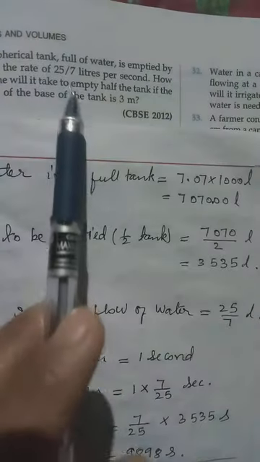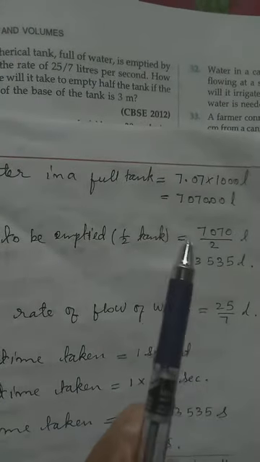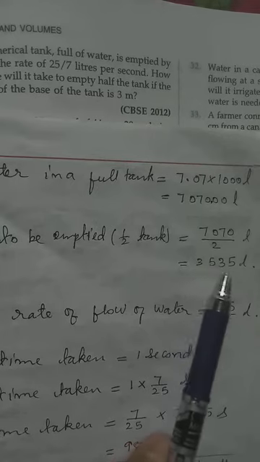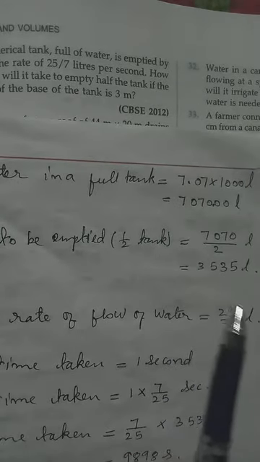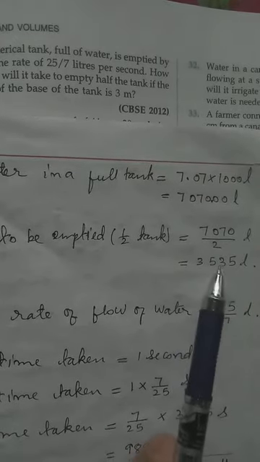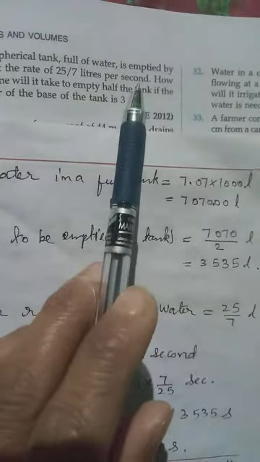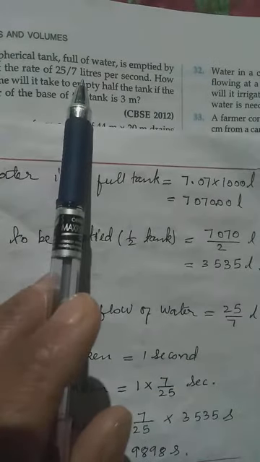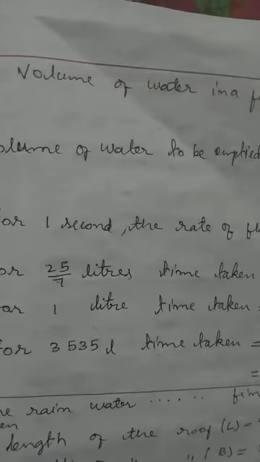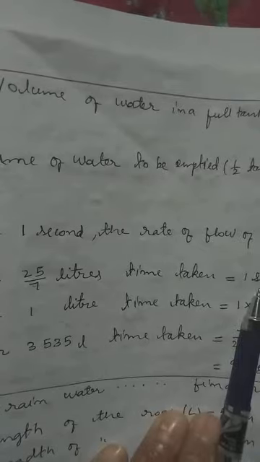Remember, we have to empty half of the tank, so we divide by 2, which is equal to 3535 liter. Now we need to find the time to empty this 3535 liter. It is given that for 1 second, 25 by 7 liter is emptied. So for 25 by 7 liter, the time taken is 1 second.